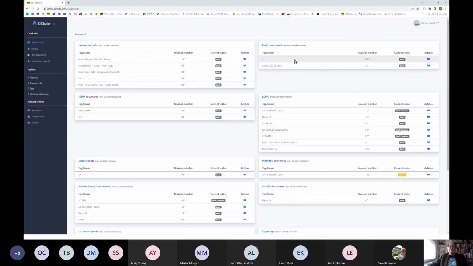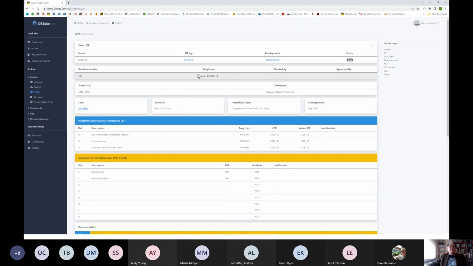This provides a suite of tools for managing the safety life cycle, but I'm interested in this particular LOPA, which is teed up to explore the knockout drum scenario.